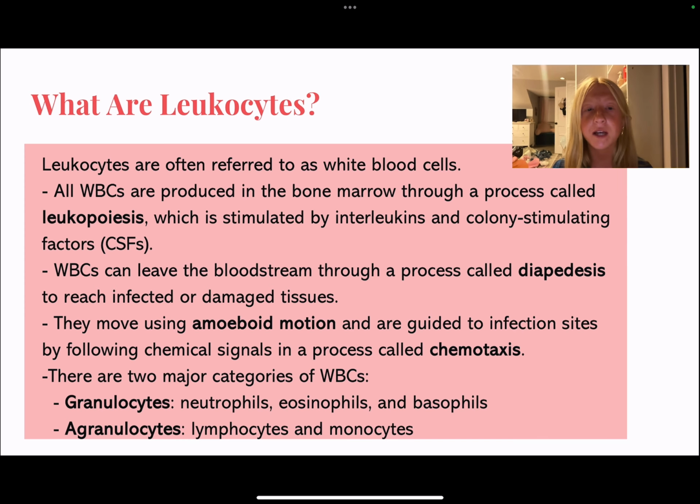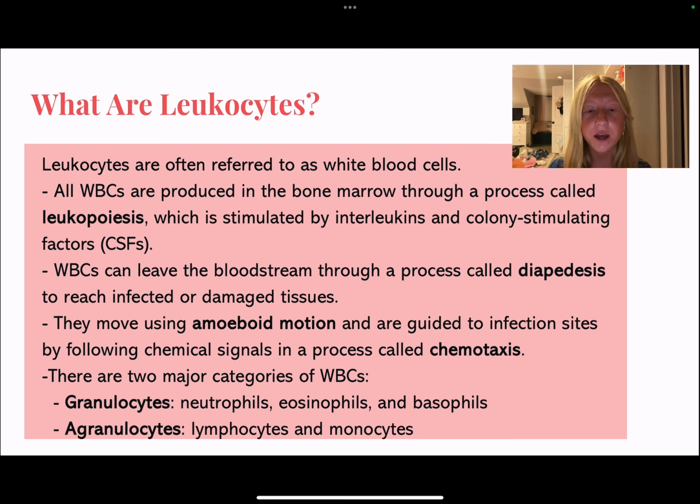So what are leukocytes? Leukocytes are often called white blood cells, and these white blood cells are produced in the bone marrow through leukopoiesis. Leukopoiesis is stimulated by interleukins and colony-stimulating factors. White blood cells leave the bloodstream through diapedesis to reach infected or damaged tissues.